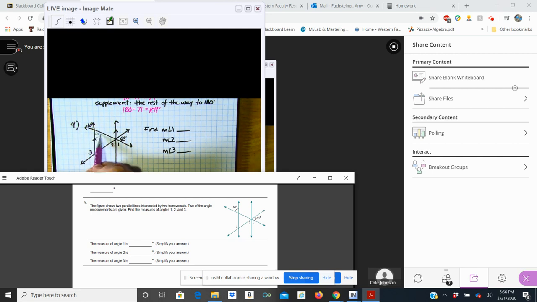If this angle is 60, wouldn't this angle have to be 60? These two are called alternate interior angles, so this one would have to be 60. Now, if this one is 60, now I can see angle 1 is 60 degrees.